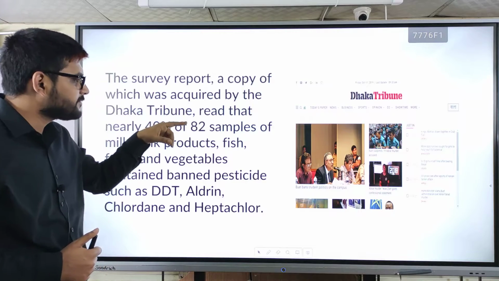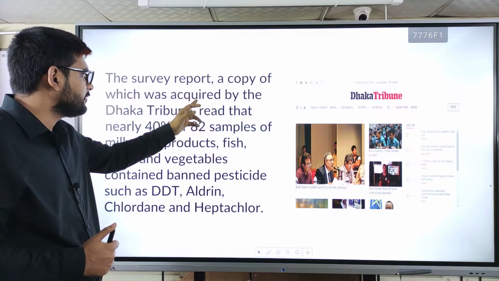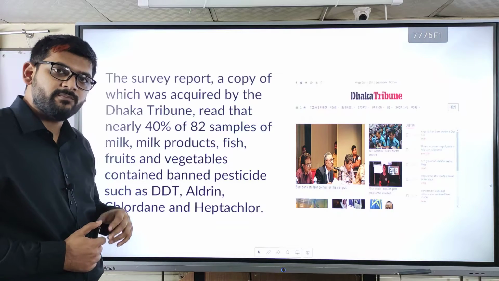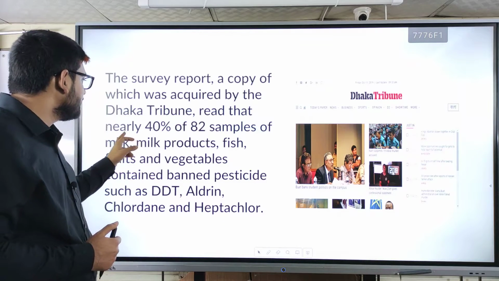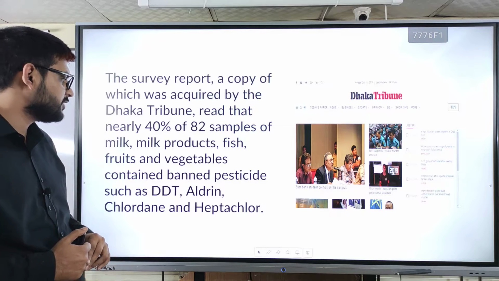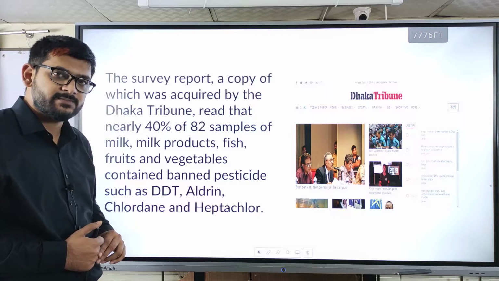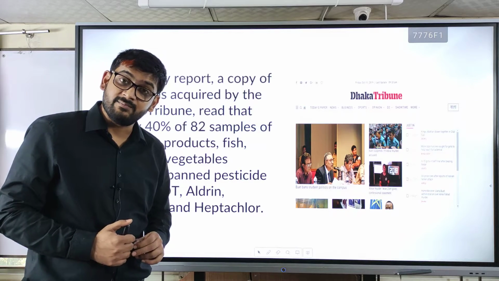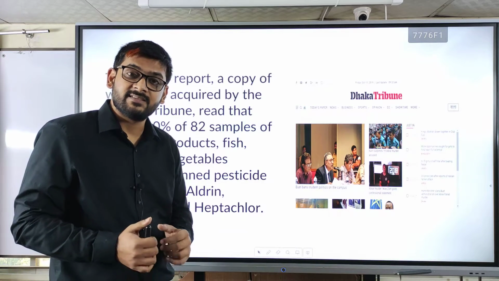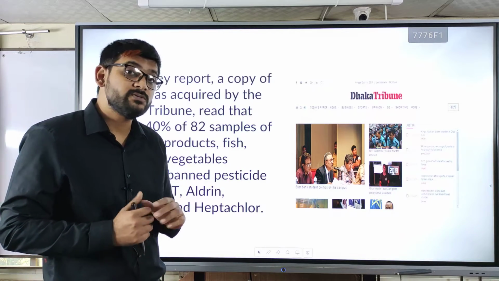From that report we can read that nearly 40% of 82 samples of milk products, fish, fruits and vegetables contained banned pesticides. So the 15-member team collected 82 samples.